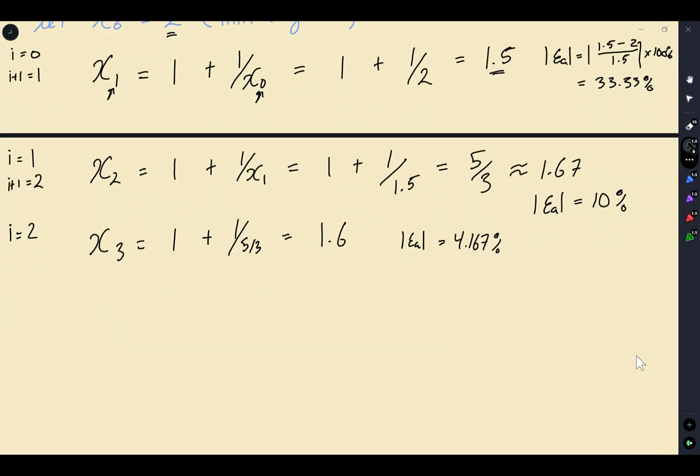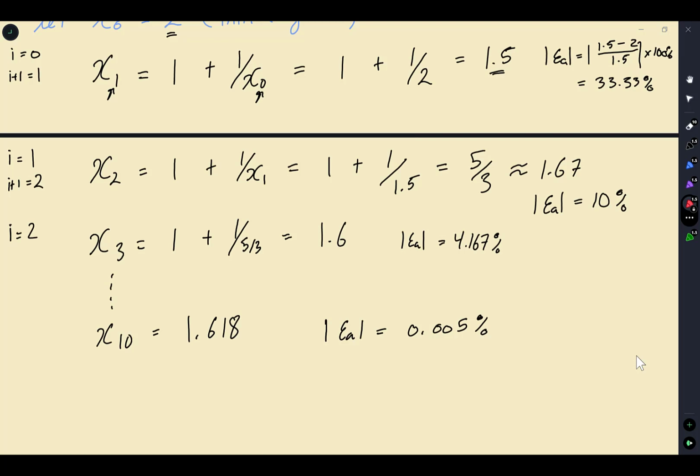You can keep going, up to x10, and you would get about 1.618 with a relative error of 0.005%. Here we can see clearly that the percent relative error is decreasing every step, approaching 0.